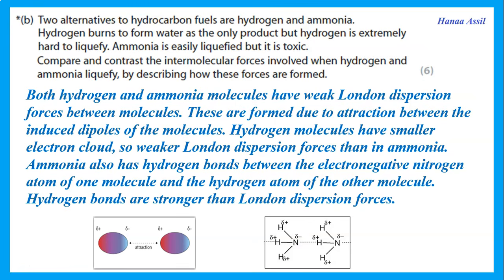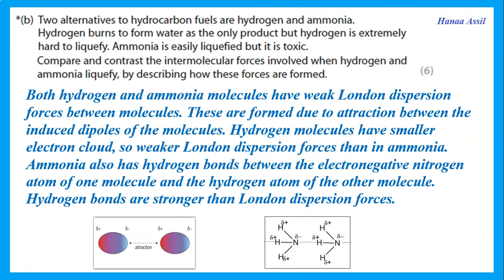So the electron cloud of one induces a dipole in the electron cloud of the other, and the oppositely charged dipoles are attracted to each other. Hydrogen molecules have a smaller electron cloud, so they have weaker London dispersion forces than ammonia. So that is one difference.